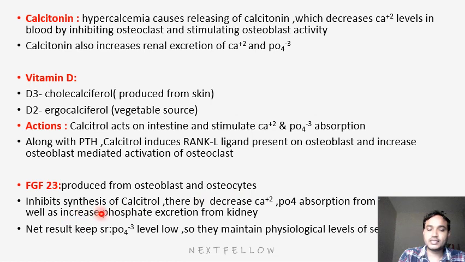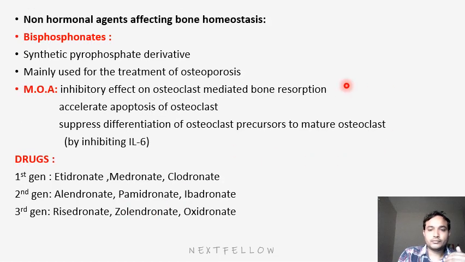It inhibits synthesis of calcitriol, thereby decreasing calcium and phosphate absorption from the intestine, and it increases phosphate excretion through the kidney. The net result is that it keeps serum phosphate low and maintains body calcium level at normal homeostasis, by excreting phosphate and by decreasing absorption of calcium.